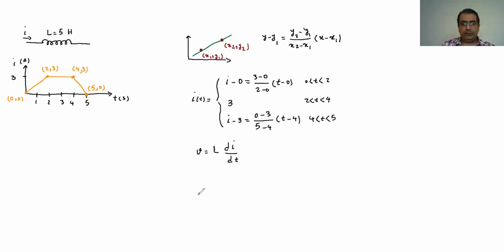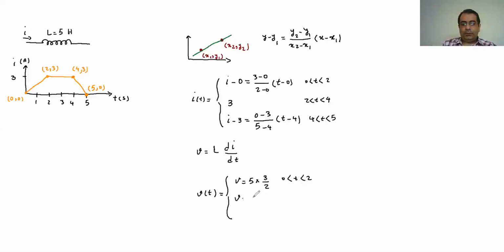So here I can go ahead and say V of t: we know the magnitude of L is 5, so V is going to be 5 times di over dt. Here we have 3 over 2 times t. If we substitute, it's going to be 5 times 3 over 2, for t between 0 and 2.